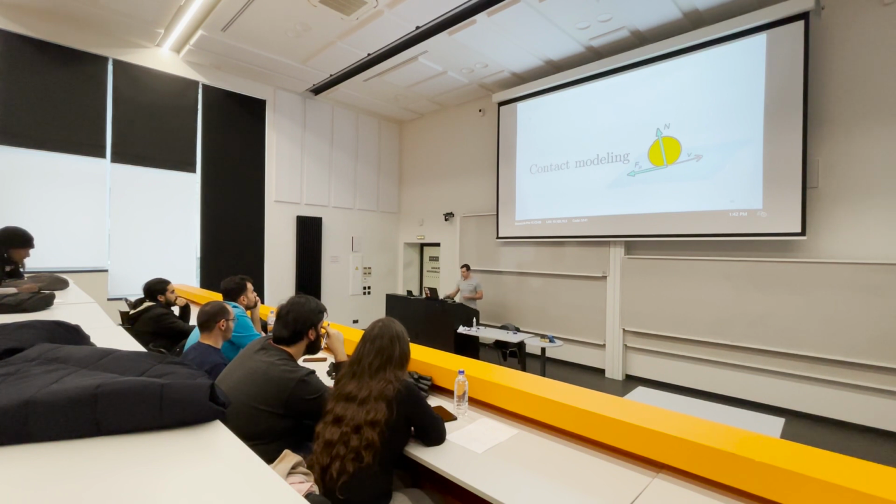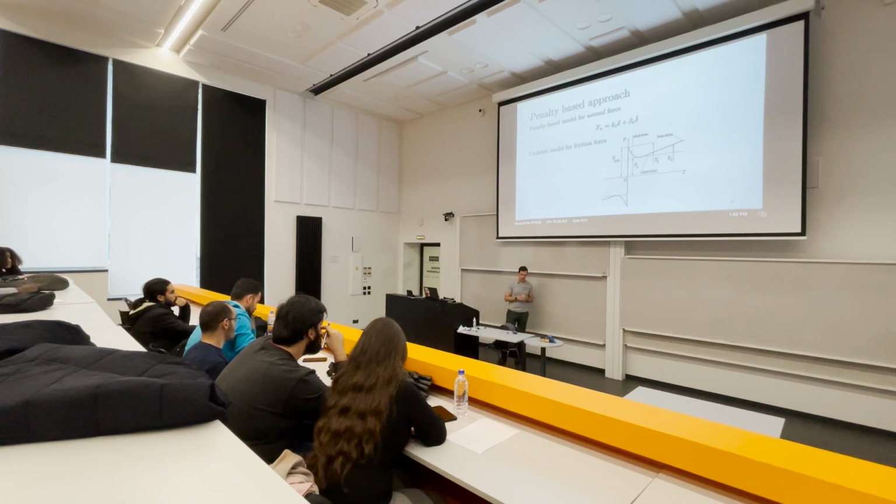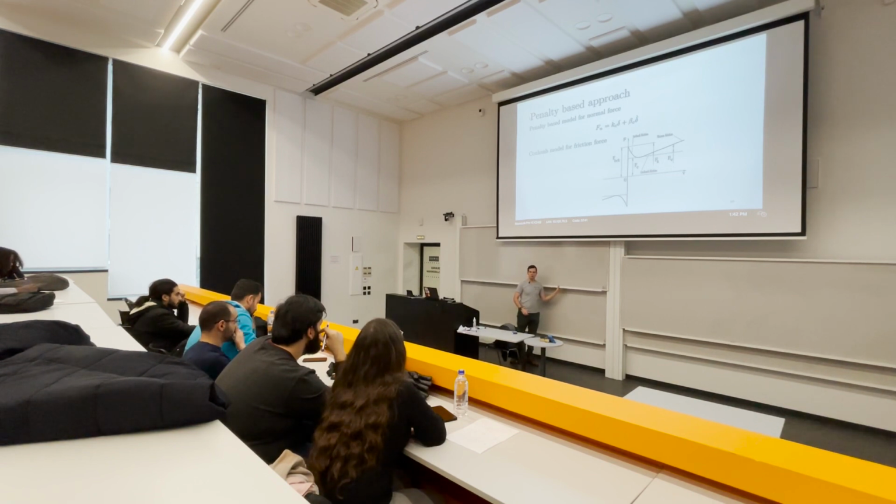How do we model the normal force? In order to model the normal force, we think of it as if there is a spring between an object and another object. But this spring generates force only when contact takes place.